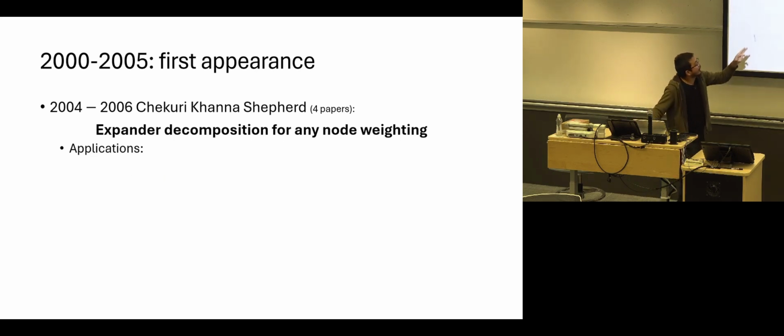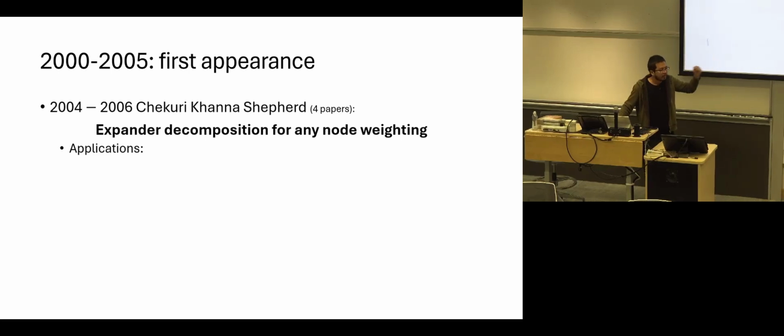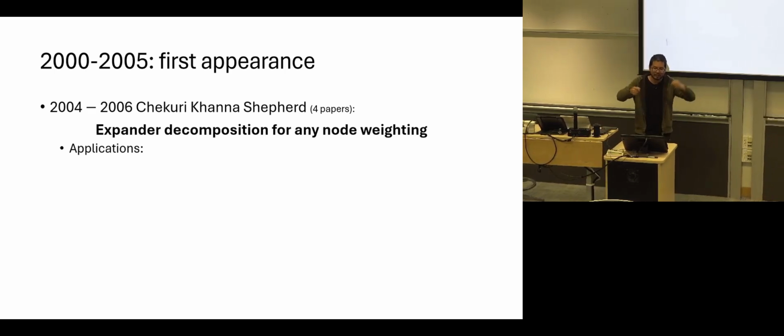This is where they get this motivation or inspiration from graph minor theory, where they usually care not about the whole graph, but just about some terminal vertex set. Once you want to care about only a terminal vertex set, you need to do expander decomposition based on those terminals.